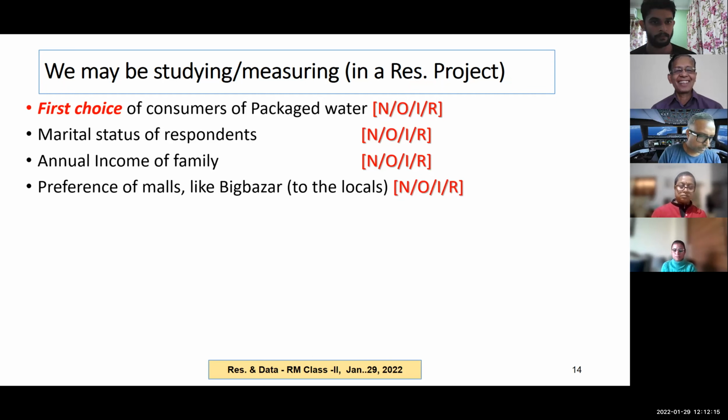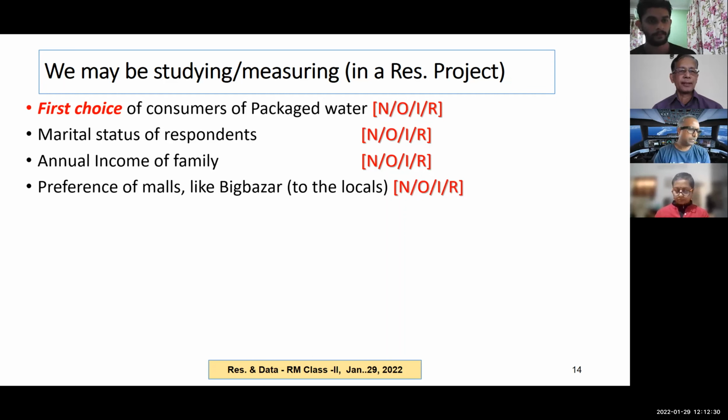Sir, if it is zero, obviously you will be using it as interval. But otherwise, you can't have the zero concept. The zero concept does not necessarily lead to an interval scale. Income could be zero, expenditure could be zero, so it can also be part of a ratio scale. Okay. Correct.